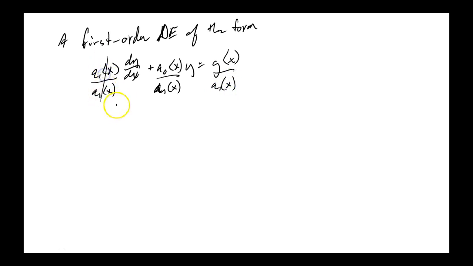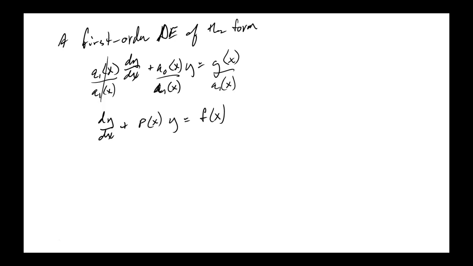Then you wind up with dy/dx plus some other function of x, let's rename it p of x, multiplied by y, equals g of x divided by a1 of x, which we'll call f of x. That's what we call standard form for a linear equation.